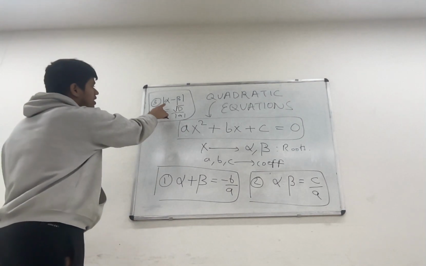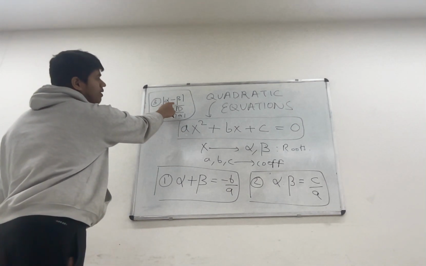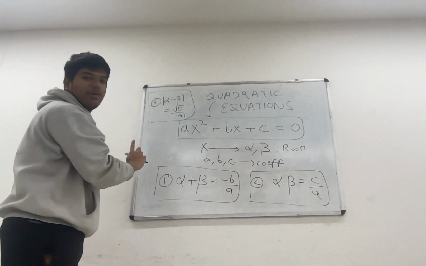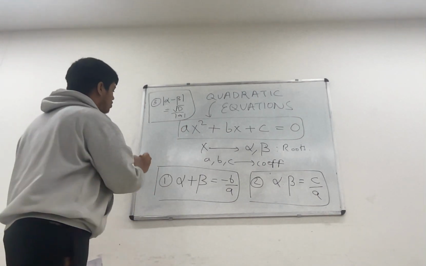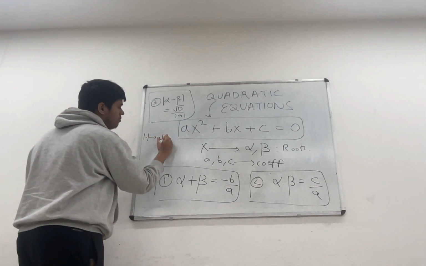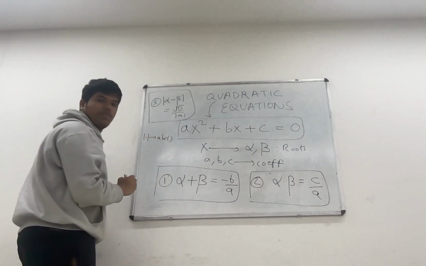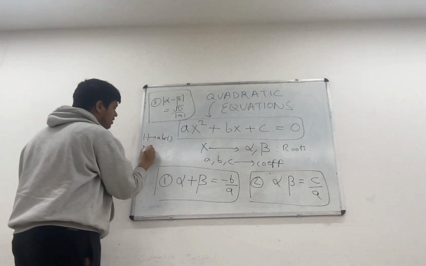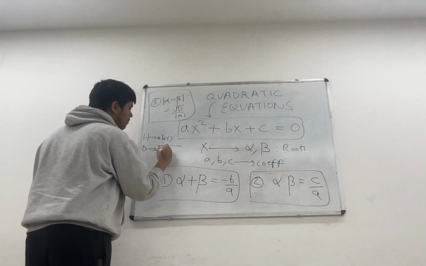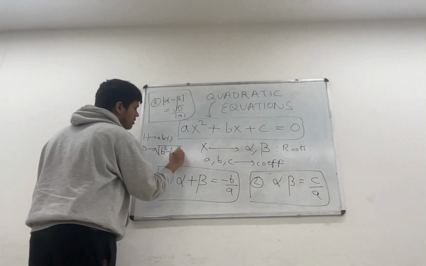The absolute difference between alpha and beta is root of determinant by absolute value of a. Here this is modulus, the absolute value, and d is the determinant. Determinant is b square minus 4ac.